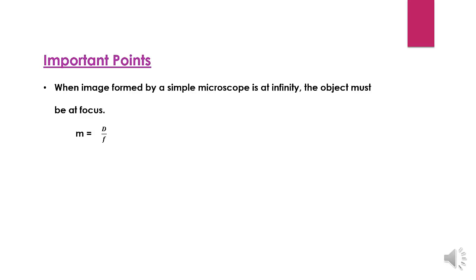M equals D by F. What is capital D over here? That is the least distance of distinct vision, where the image is forming, divided by F. When the image is at infinity, the object is at the principal focus. D is the distance at which the image is formed, the least distance of distinct vision.